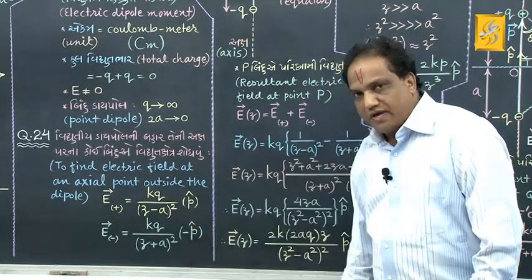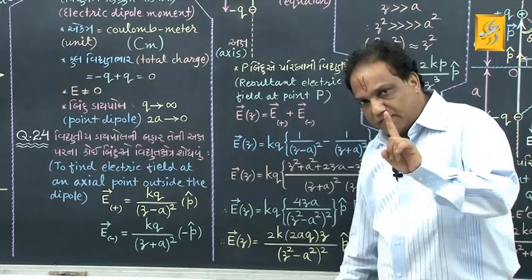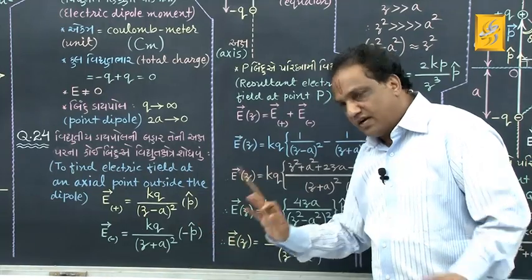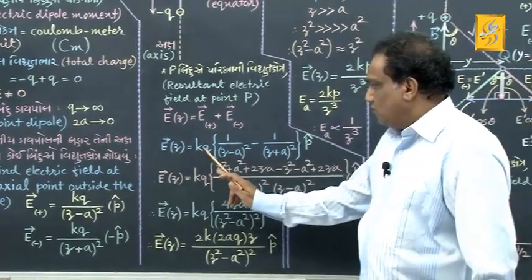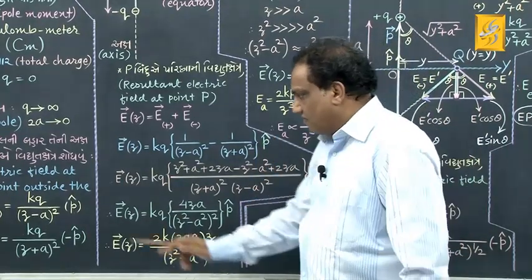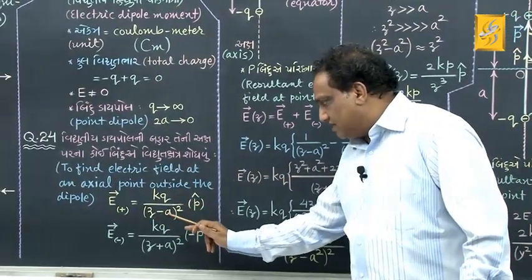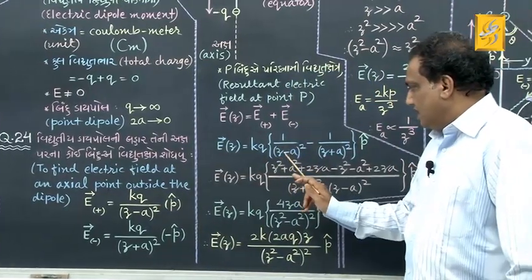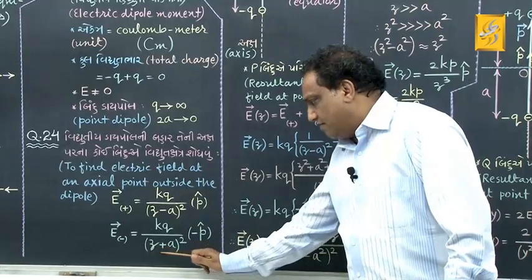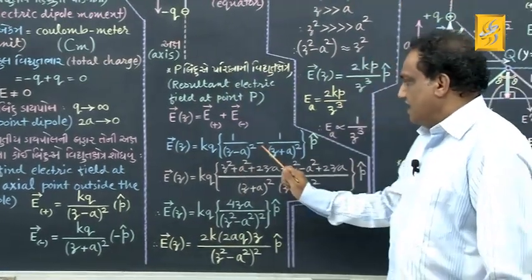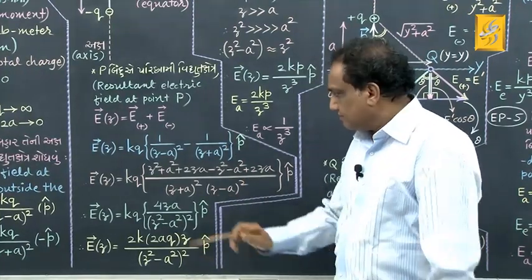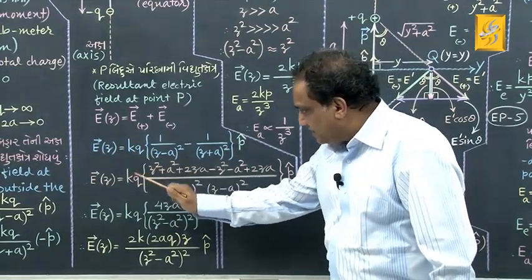K into q and p hat, that much part you can take common. What is left inside the bracket? From here 1 upon z minus a whole square, from here minus 1 upon z plus a whole square. This kq as it is.